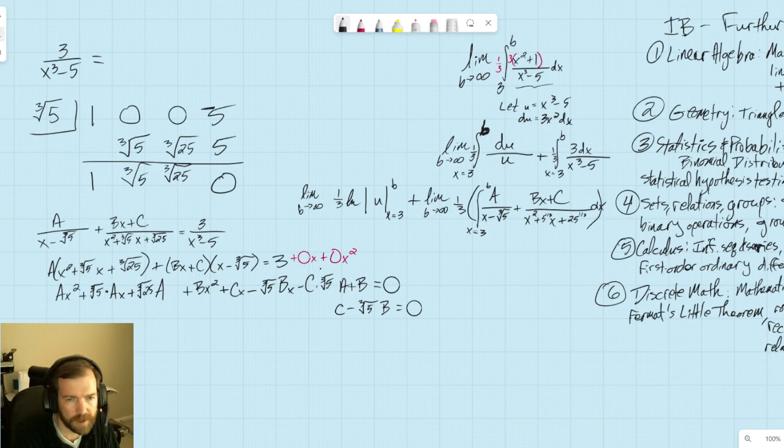Right, those are our constants. That all equals 3. And now here, those two values: cube root of 25 times a minus cube root of 5 times c is equal to 3.